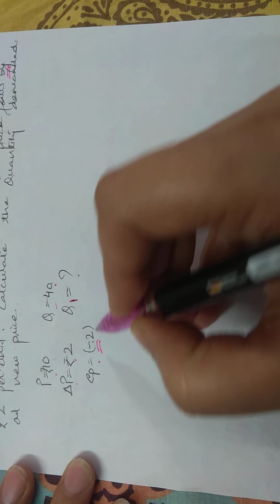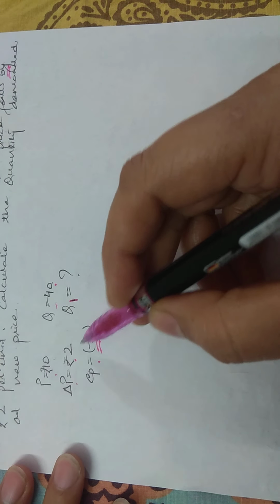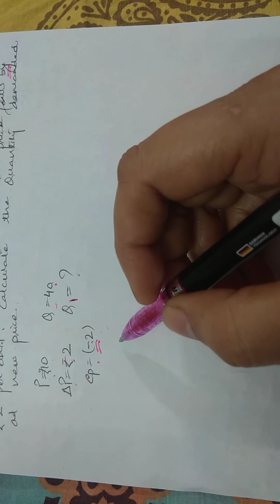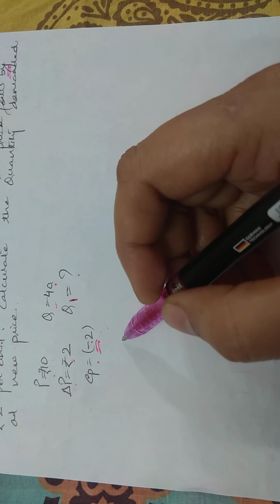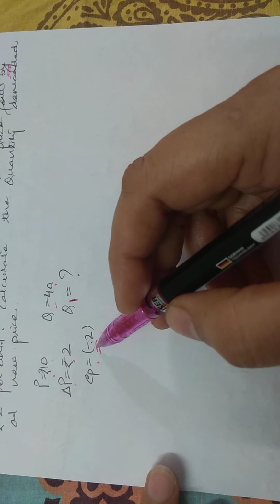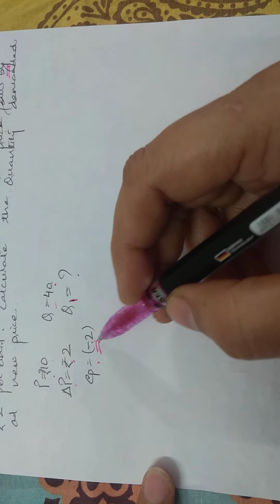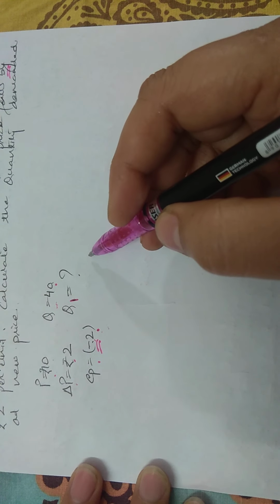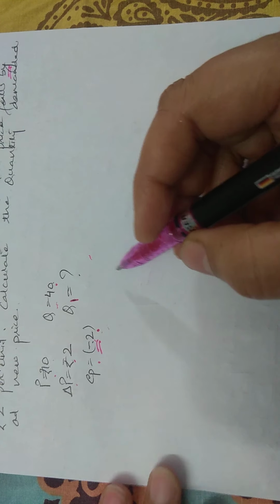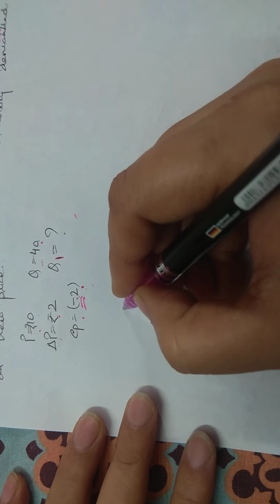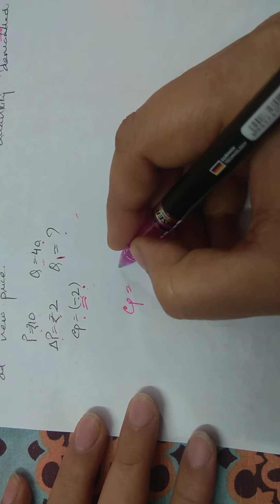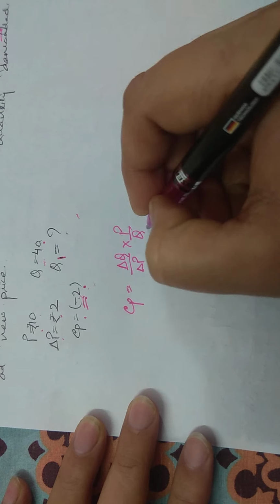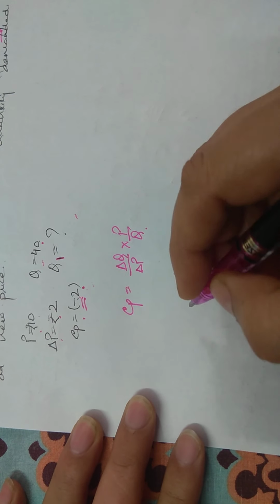Now this negative sign, I told you all, only indicates that the change in demand and price are taking place in the opposite direction. It shows the slope of the demand curve. So for calculation purposes, we ignore the signs and we take the absolute value of elasticity of demand. The changes also are taken as absolute values. So when we are calculating, this is delta Q upon delta P into initial price upon initial quantity.